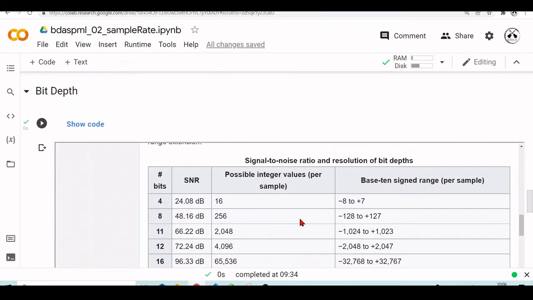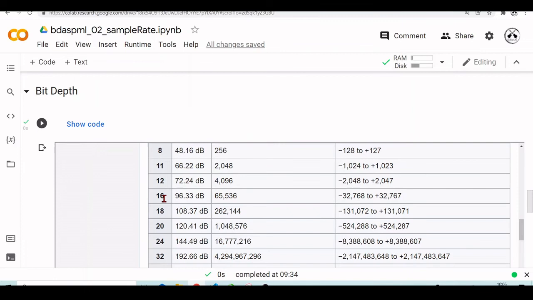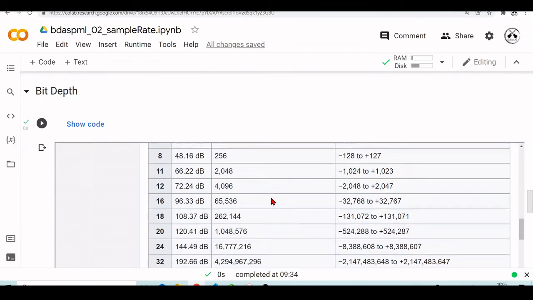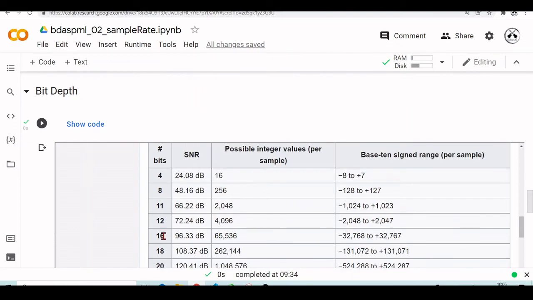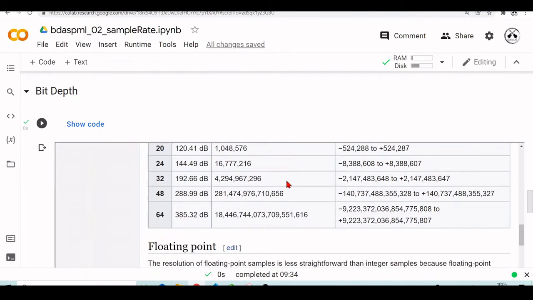Here we have a table with the number of bits and the signal to noise ratio, which we are going to learn what it means and how to calculate, and here the possible integer values per sample. If we have 4 bits, we will have 16 integer values per sample. If we have 16 bits, we will have 65,536, which is 2 to the power of 16. 2 to the power of 4 is 16, and so on.